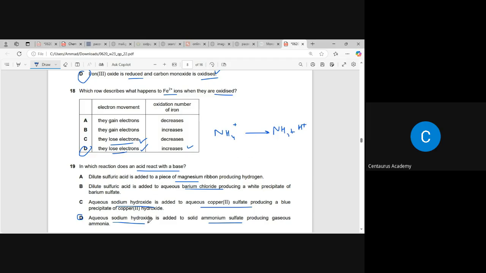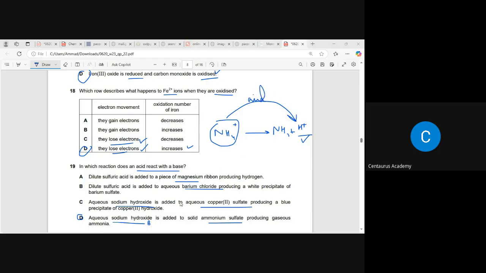So if this is a base, since it is a proton acceptor, it is accepting this hydrogen ion. According to Bronsted-Lowry acid and base, the ammonium salt acts as an acid. Why? Because it is donating its proton. So anything which is a proton donor behaves or acts as an acid. So which is why D is the right answer choice here.